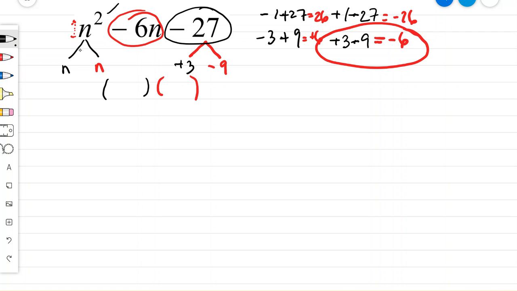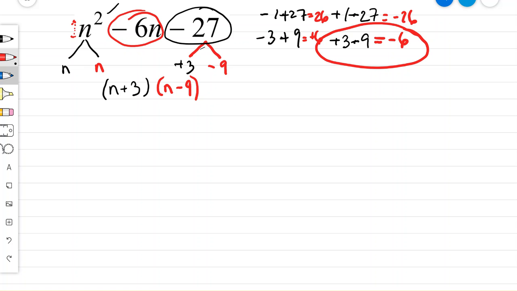So if we follow this arrow down, we need an n, and if we follow this arrow down, we need a positive 3. So n plus 3. If we follow this arrow down, we get an n, and we follow this arrow down, we get a negative 9. So that would be n minus 9.